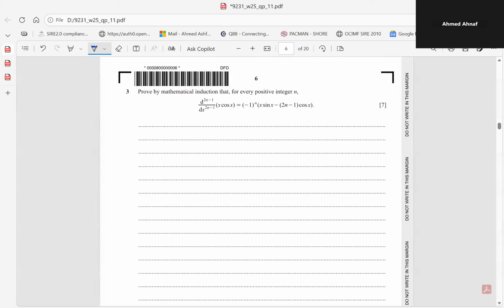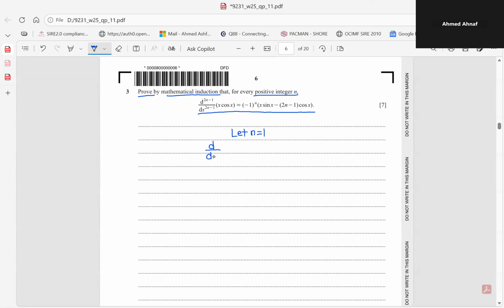Okay, so for this question, we're told to prove by mathematical induction that for every positive integer n, this result is true. Okay, so to do this, like for every proof by induction question, you're supposed to first substitute n equals 1 and prove that it is true for that case, unless otherwise stated. Okay, so d to the 2n minus 1, that's just 1.